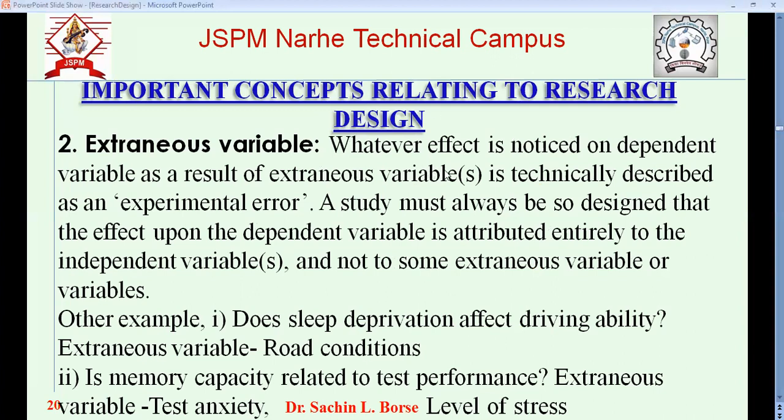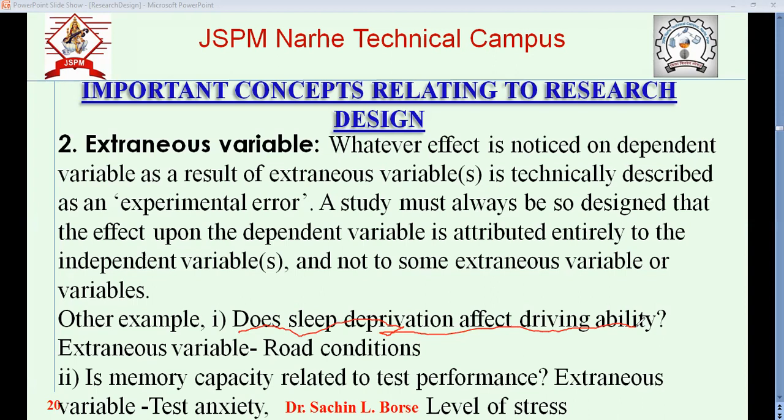Now we'll continue with the second example. Does sleep deprivation affect the driving ability? Suppose the person is not sleeping and is driving, whether this sleep deprivation affects the driving ability.